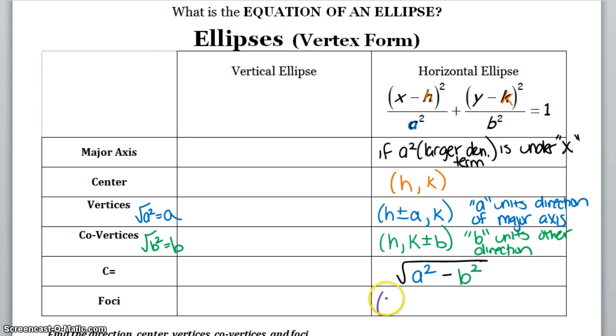Again, you want to start at your center, and then because we're looking horizontal, I want to move horizontally plus and minus c units. So again, I'm going to move c units in the direction of the major axis. Now that we have everything defined, let's go ahead and look at some examples.